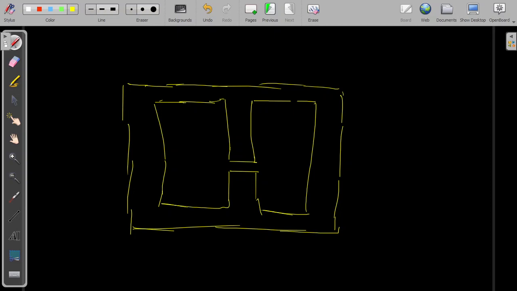This is what my structure looks like. And I have a winding placed on the top limb, like this.